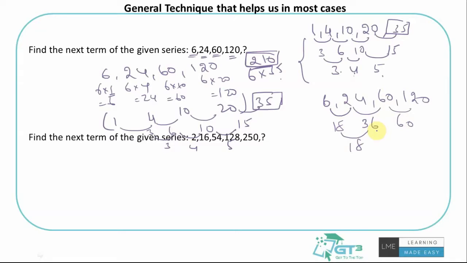This is 18 and this is 24, so the difference is 6. 18 plus 6 is 24. So the next term should also add 6, that should be 30. That means it should be 90. 36 plus 24 is 60, 60 plus 30 is 90. So 120 plus 90 is 210, which is what I calculated here.